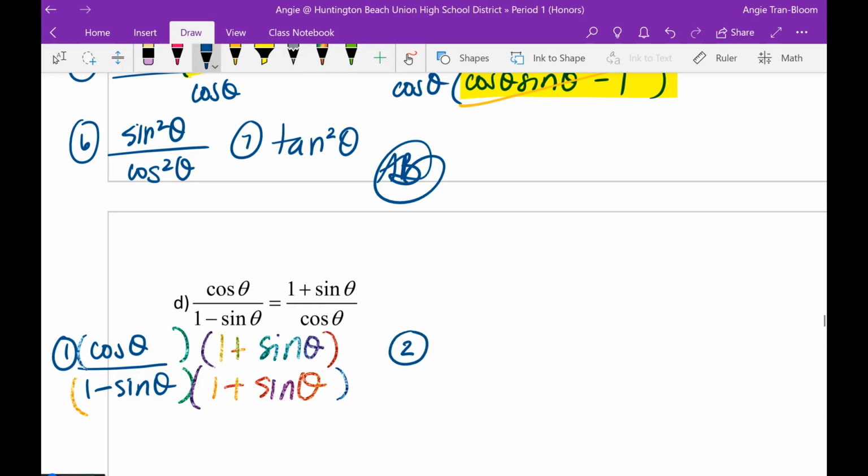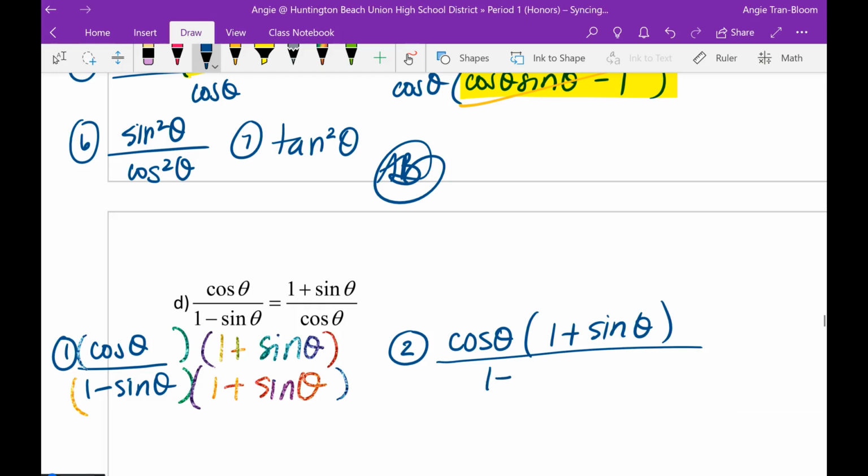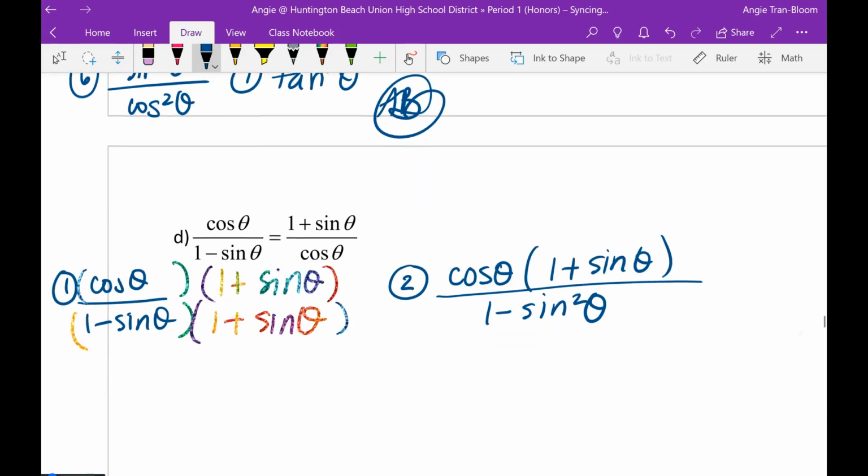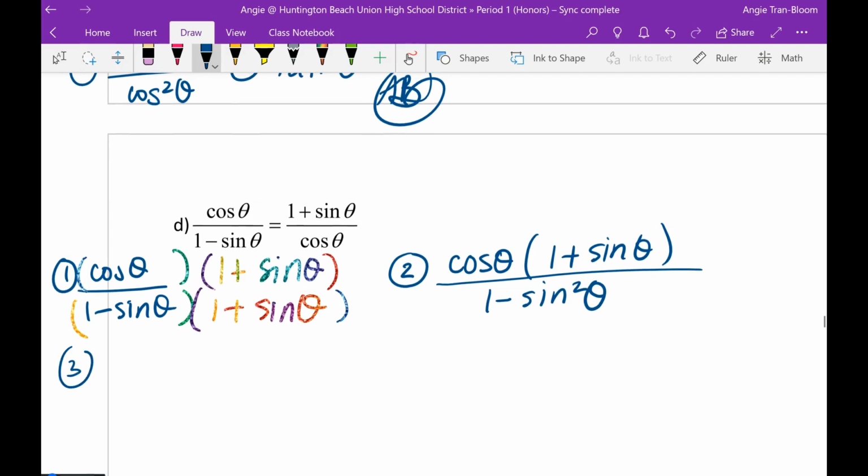Then step 2, what did you guys end up with if that's what you do? Cosine times. Did you want to distribute or no? No. Okay, so cosine of theta times 1 plus sine of theta all over. What is all over? 1 minus, combined bottom part, it would be 1 minus sine squared. Okay, that works. And then what did you do after? I converted, because it was an identity, I converted that to cosine squared.